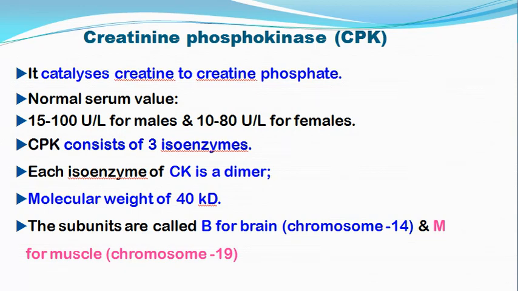CPK consists of 3 isoenzymes, and each isoenzyme of creatine phosphokinase is a dimer with a molecular weight of 40 kd. The subunits are called B for brain, which comes from chromosome 14, and the second subunit is M, for muscle, which comes from chromosome number 19.